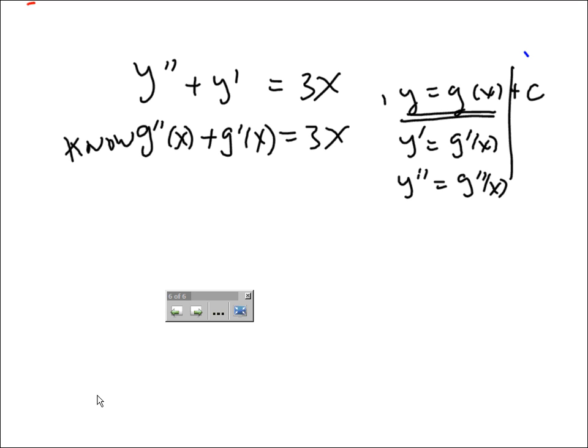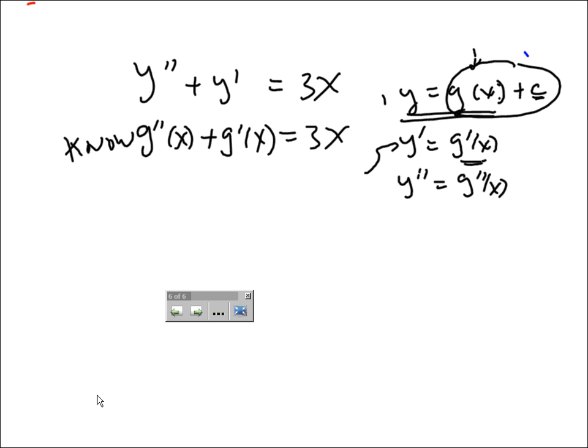But now, even if I add on the constant, it still is going to work. Why? Because y prime will be the derivative of this. The derivative of g of x is g prime of x, plus the derivative of a constant is 0.